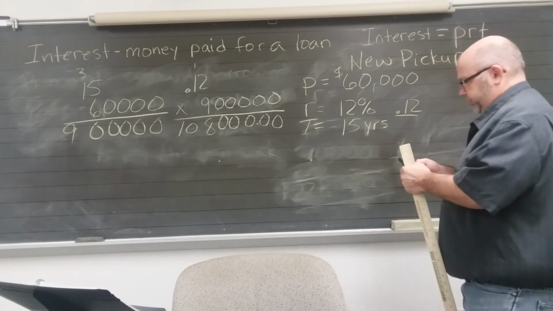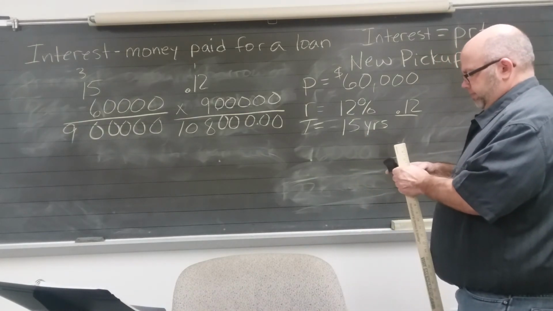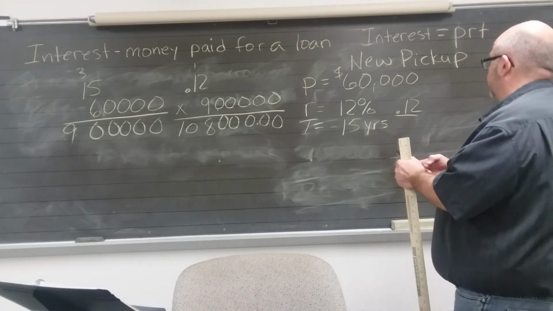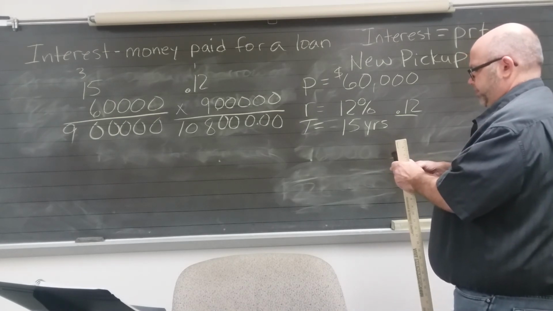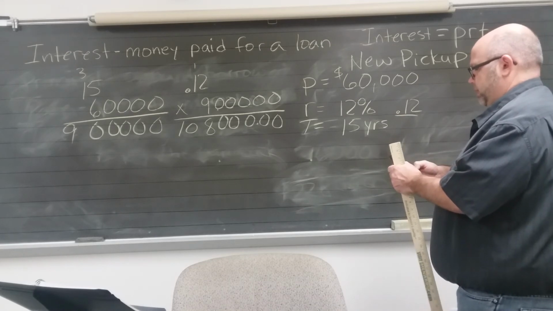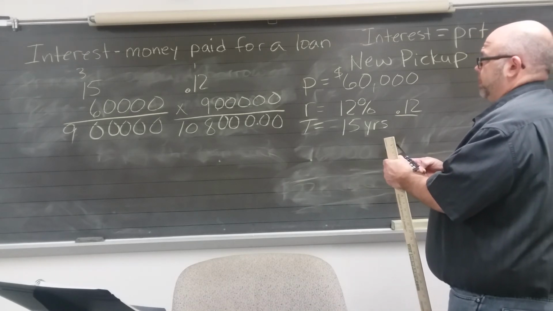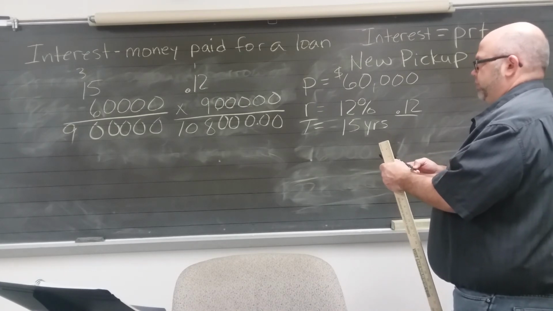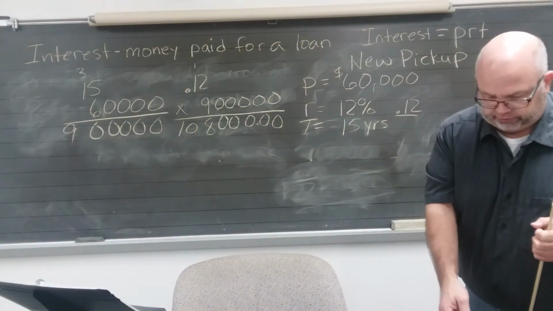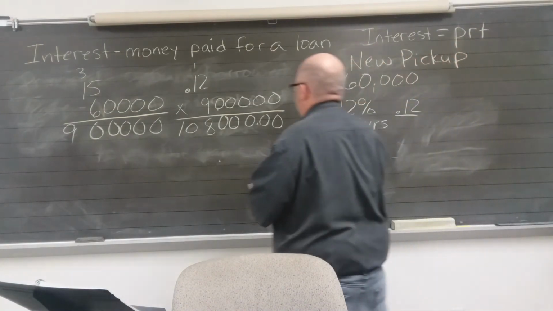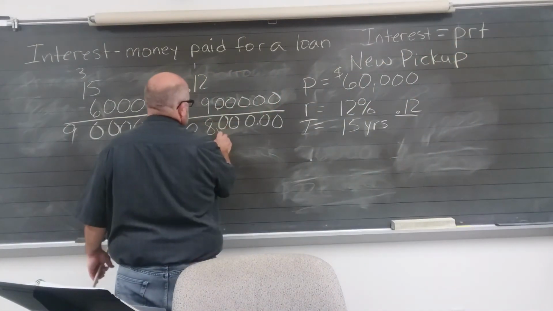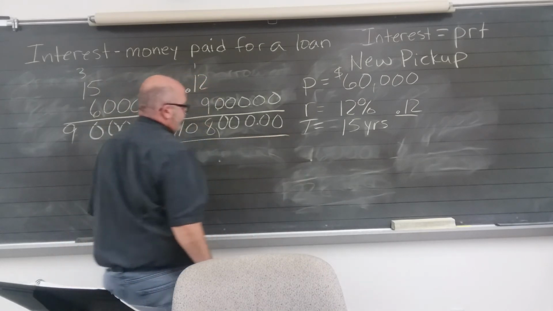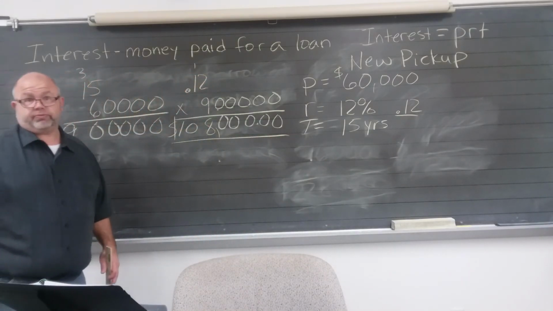So 60,000 times 0.12 times 15. $108,000. $108,000 of interest. That is just the interest, okay?